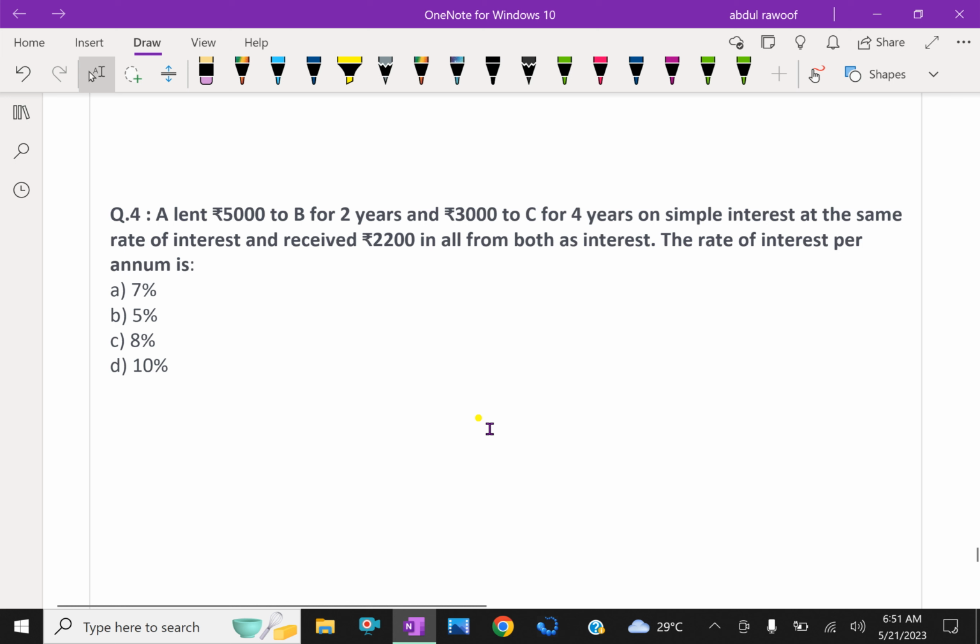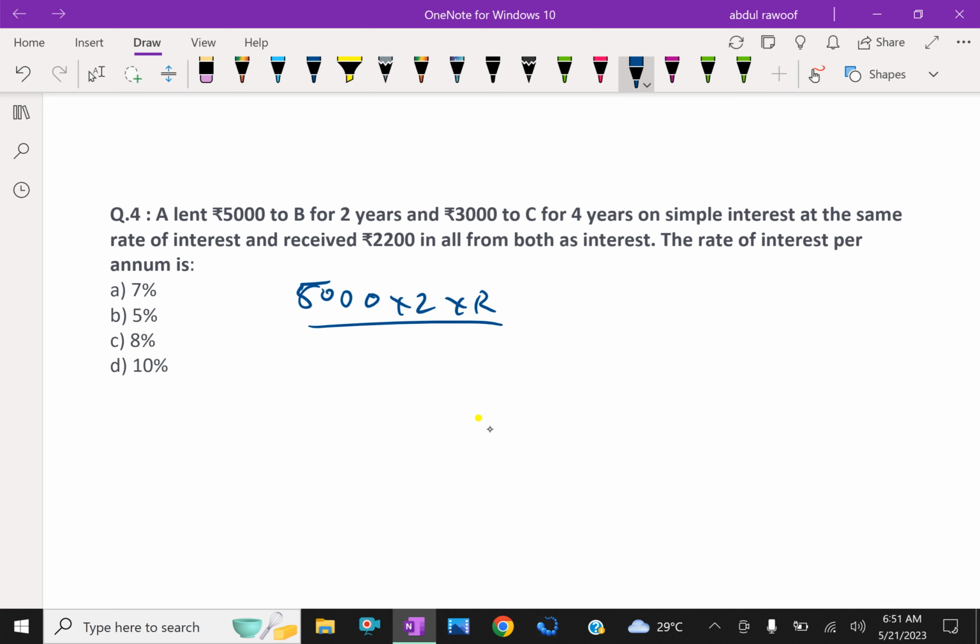Here, 5,000 interest to B for 2 years into R upon 100.